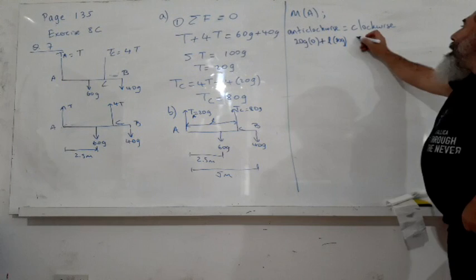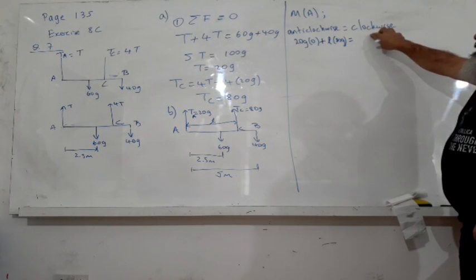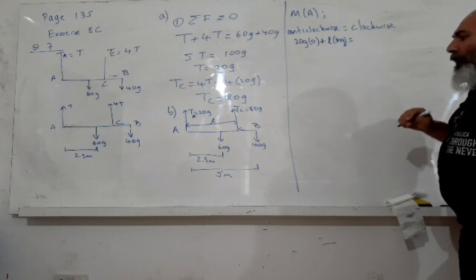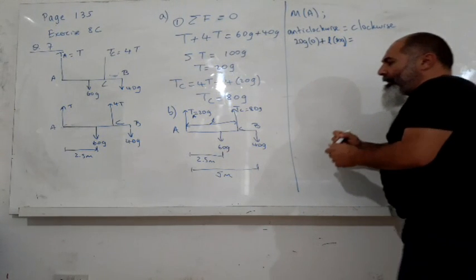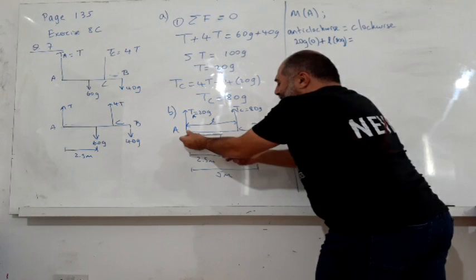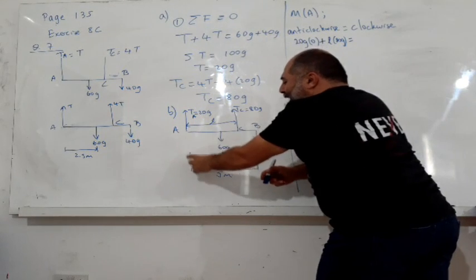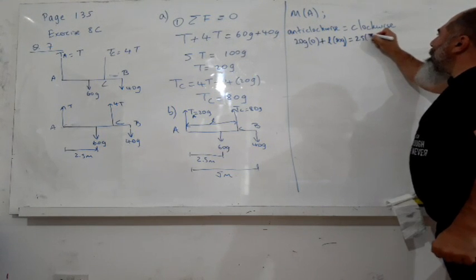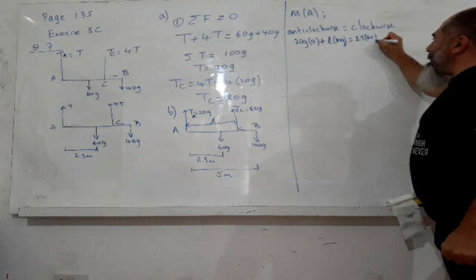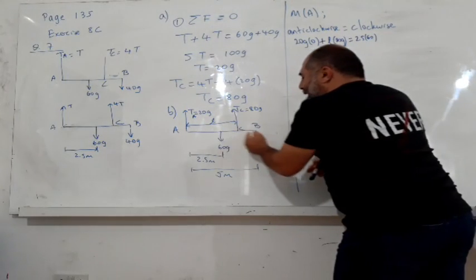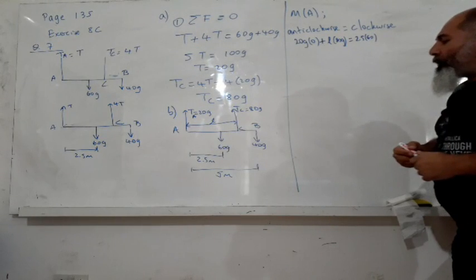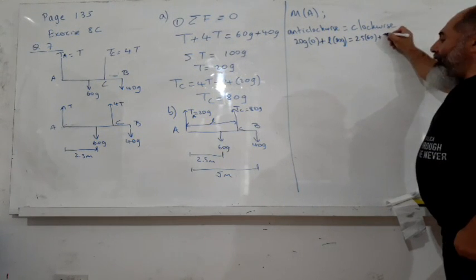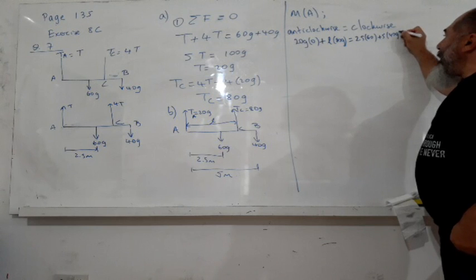Now, we have clockwise moments here. What are clockwise moments? We have the 60 G pointing downwards. What is this distance? 2.5 times 60. Here, what is the distance? It is 40 G. What is its distance? 5 times 40 G. This is 0.